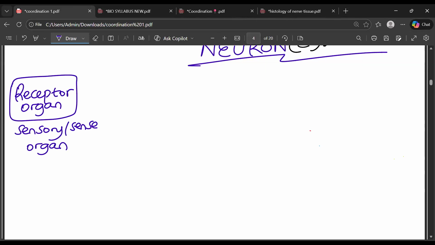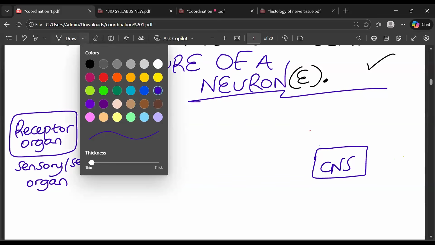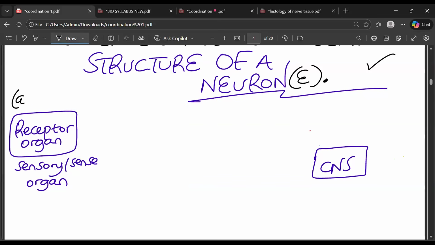And then it goes to the CNS, and you know the CNS is the brain and spinal cord. So, structure of the neuron: you all know that there are nerve fibers which are either sensory or motor. I'm beginning with the sensory neuron, or the sensory nerve fiber.